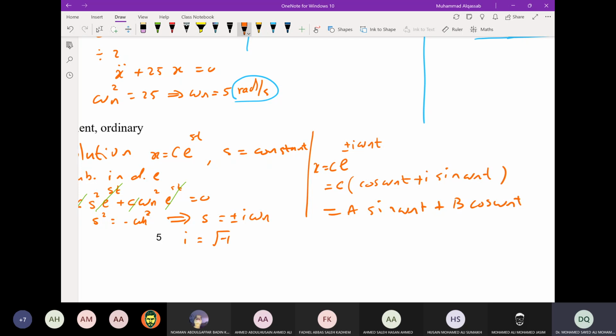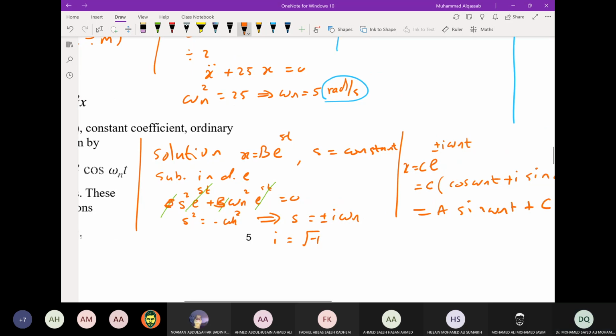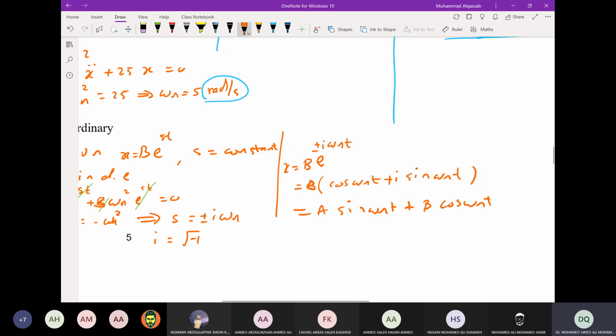Okay, you can use c or you can use, okay, I will use c, no problem. c is a constant, a is a constant. So just to make it consistent, I will use here b, so that you don't confuse. b times I is another constant, just call it a.